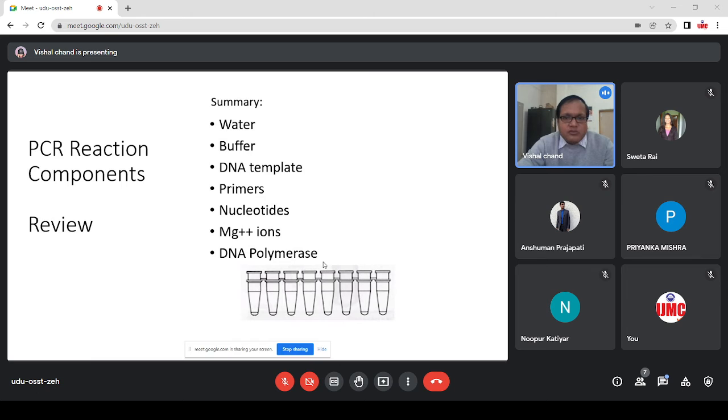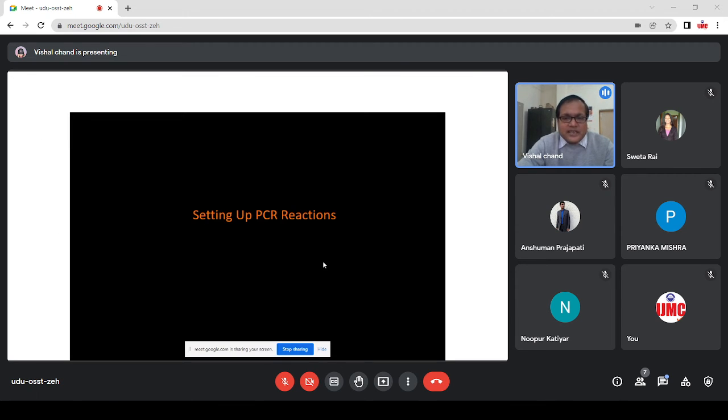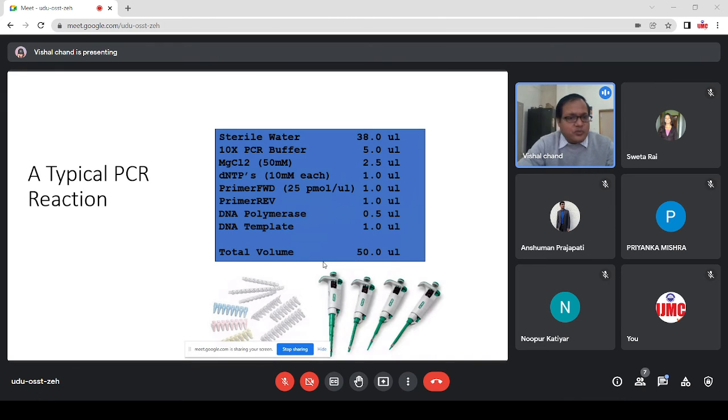So the summary: the water, buffer, DNA template, primers, nucleotides, magnesium ion, and the DNA polymerase are the overall reaction components of PCR. Setting up a PCR reaction. This is how we set up a typical PCR reaction. If you want a total volume of 50 microliters, then we can use this overall content.